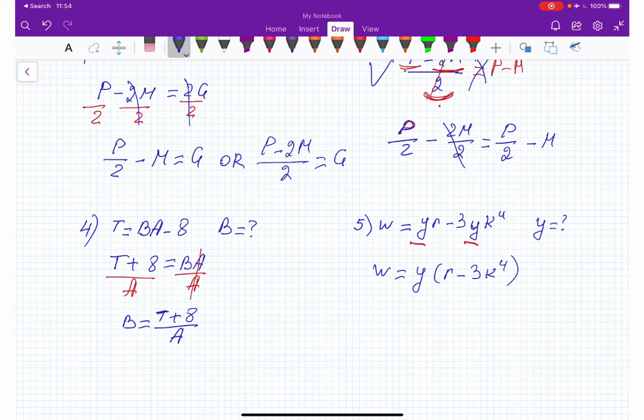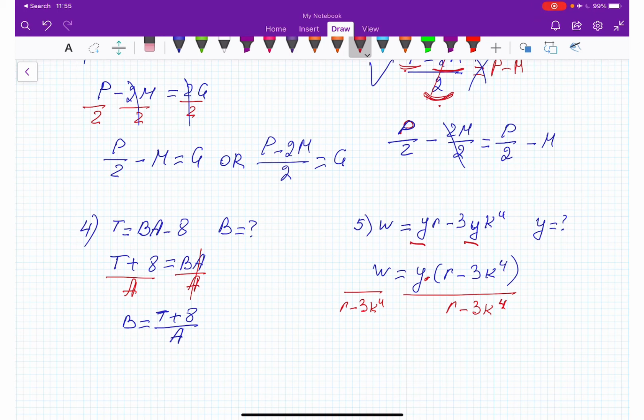And to get y by itself, what am I going to do? Divide the whole expression by r minus 3k to the power 4, and here also dividing by r minus 3k to the power 4. Because r and 3k to the power 4 are tied up with subtraction, I do not dare to separate them, because here is multiplication.